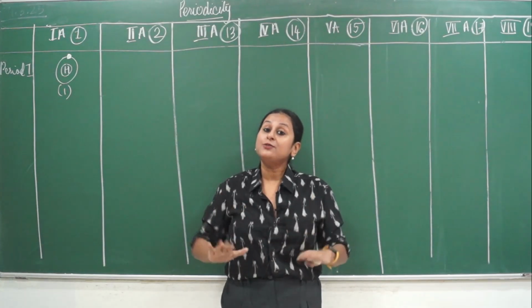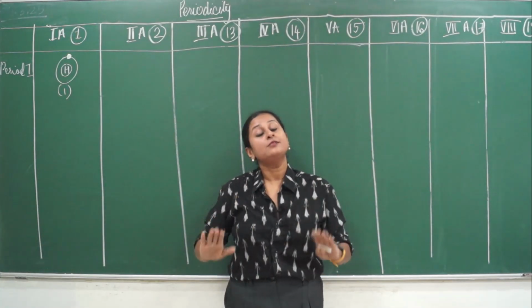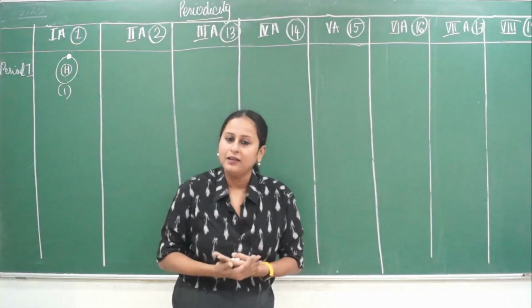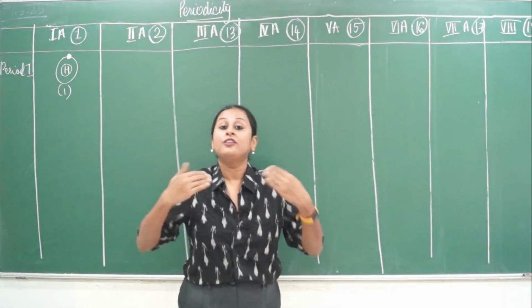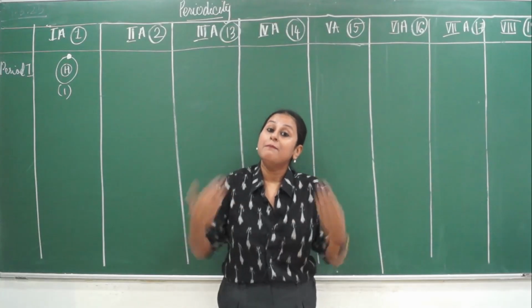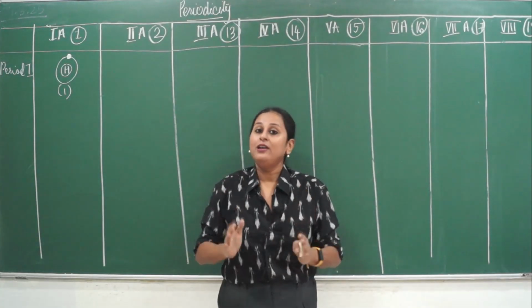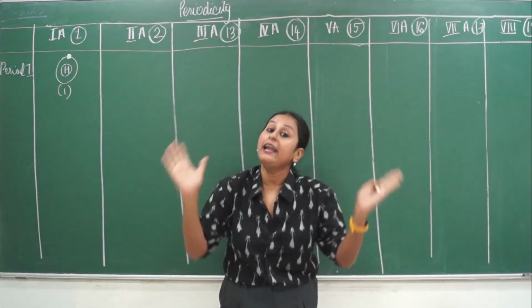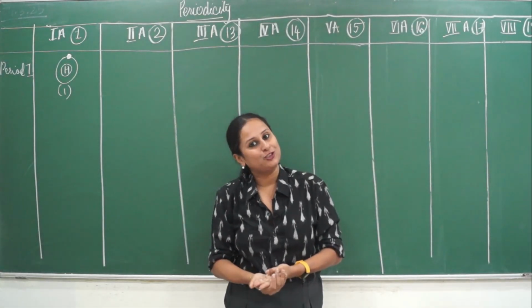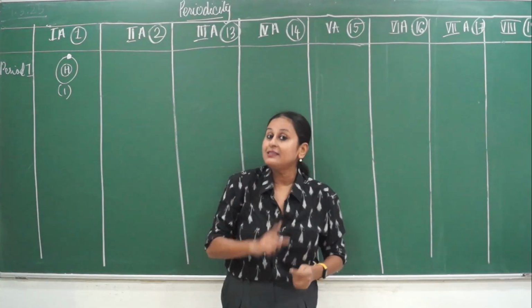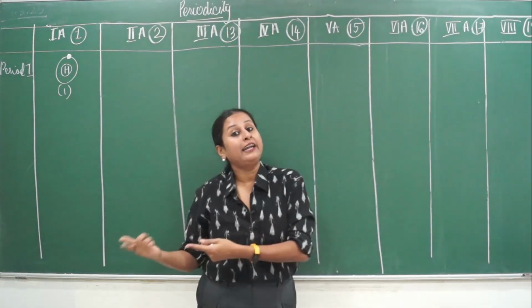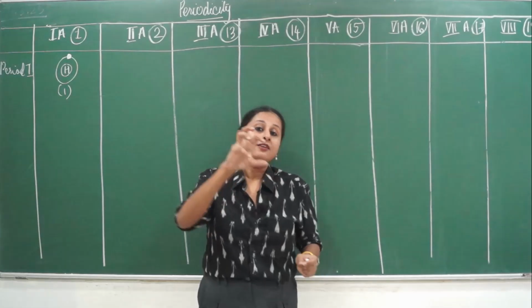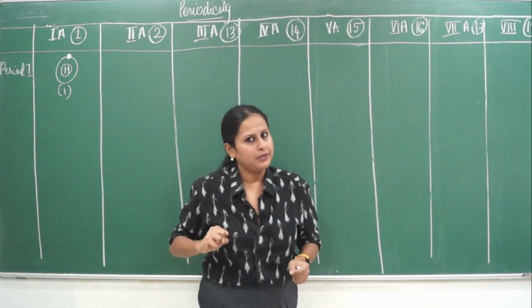But elements which are larger in size, which have more than 1 orbit, get satisfied, or become chemically neutral, only when they have a complete octet. That means they have 8 electrons in their outermost shell. Alright, you should remember this. So completion of the octet is when an element reaches its chemical stability.